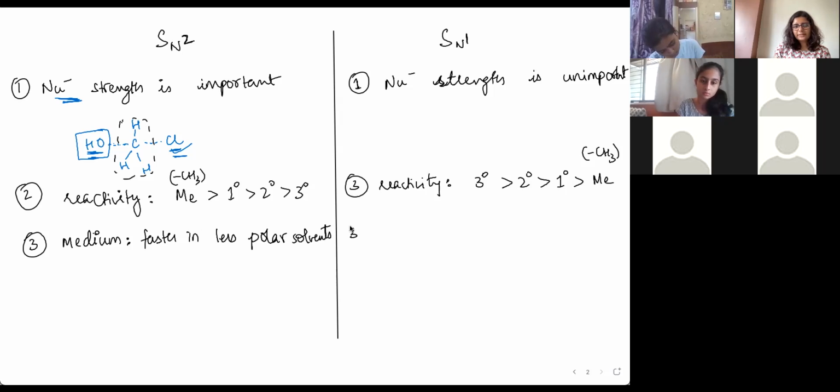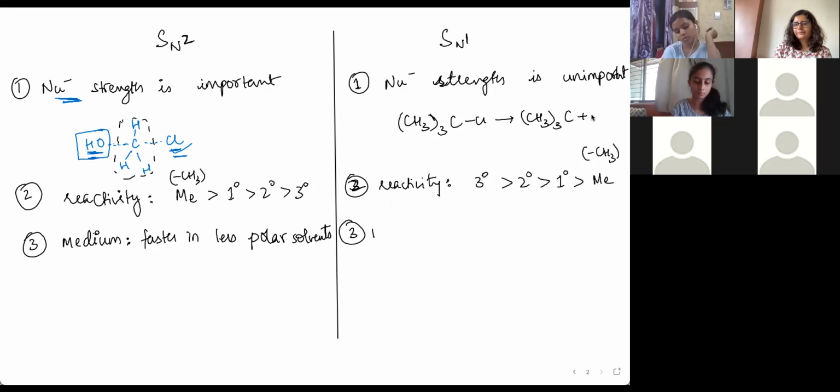But in this case, a good ionizing solvent would be ideal because again, SN1 में the first step, like the possibility of SN1 mechanism, always depends on the formation of this carbocation. So we'll lose the Cl minus.